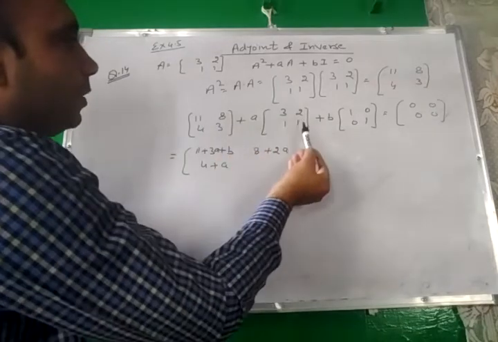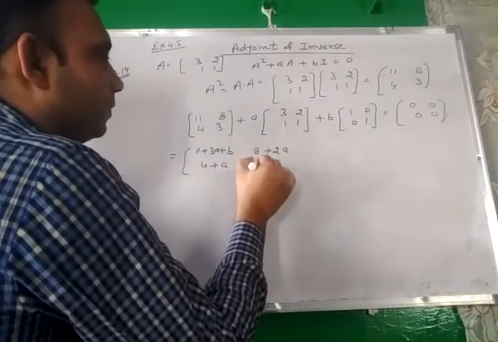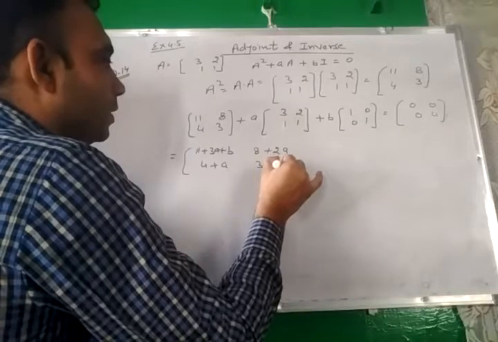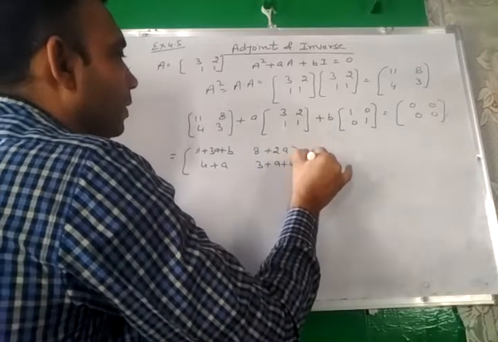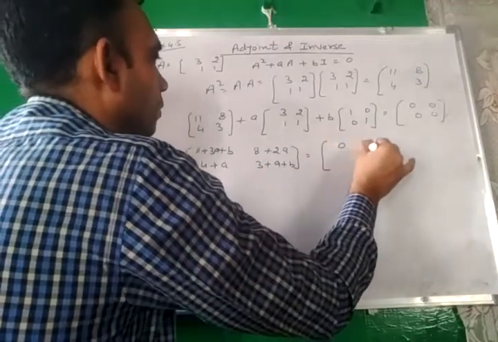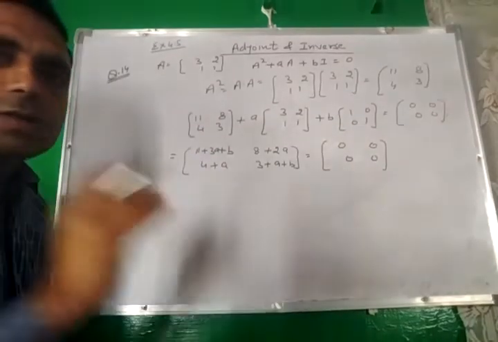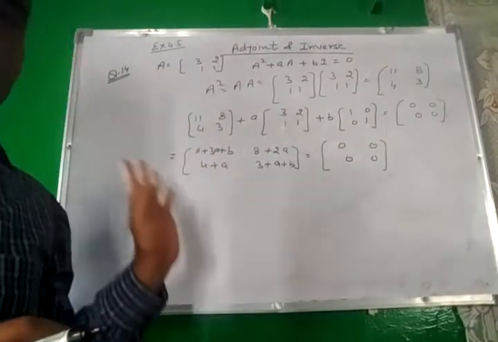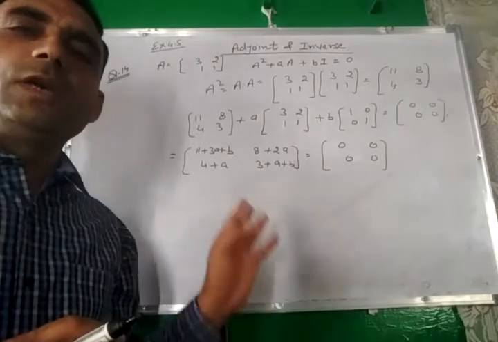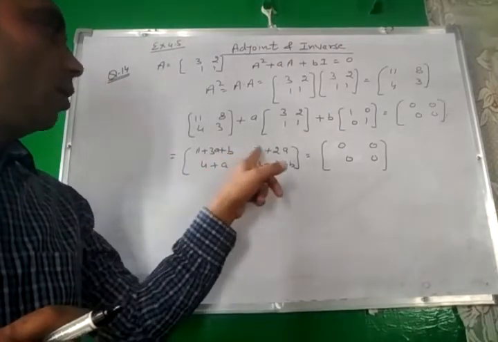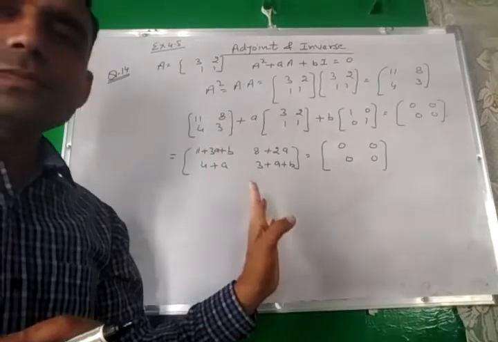Here 3 plus a plus b is equal to the zero matrix. These two matrices are equal of second order, and by the equality of matrices, if two matrices are equal, then their corresponding elements are also equal.